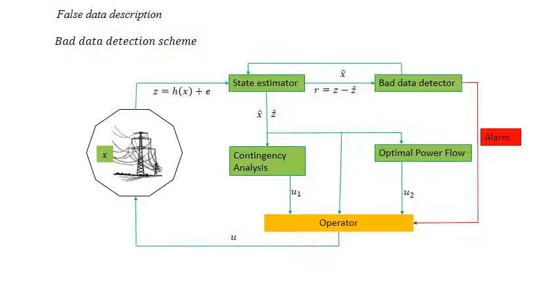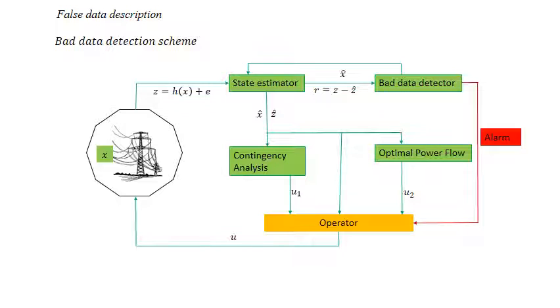First, to describe false data attacks, we need to establish what bad data detection is. Bad data detection is a technique included in the state estimator. The state estimator estimates the phase angles of a power system based on the measurements that come from the network.